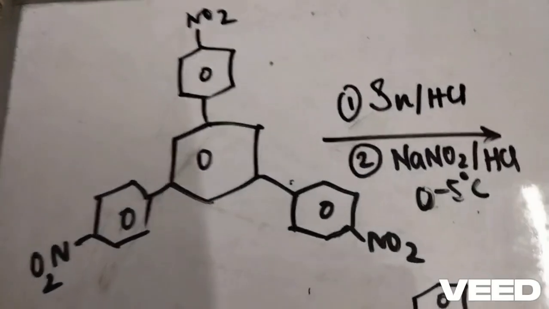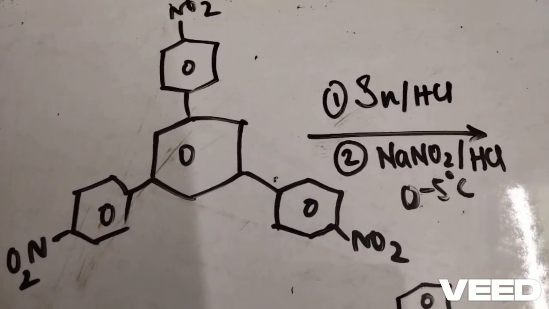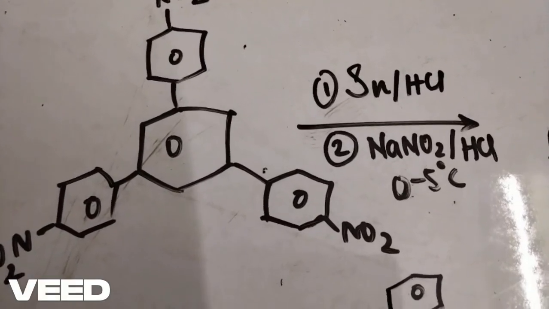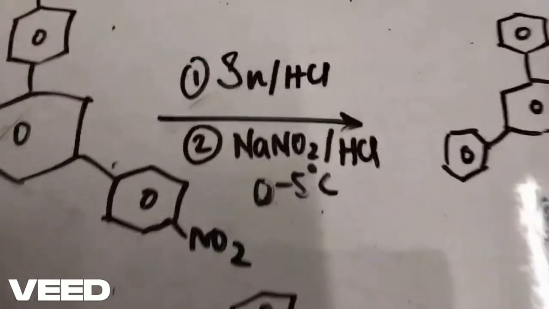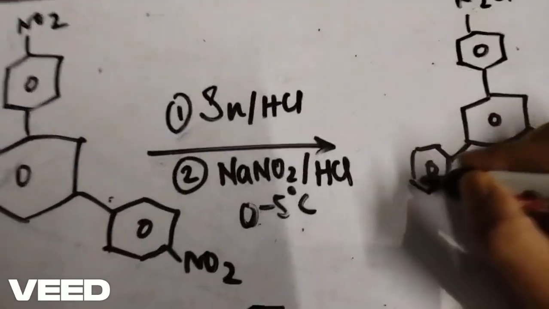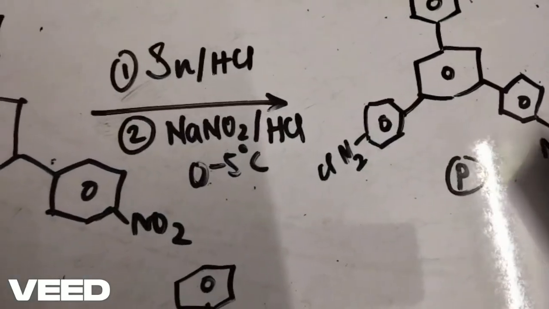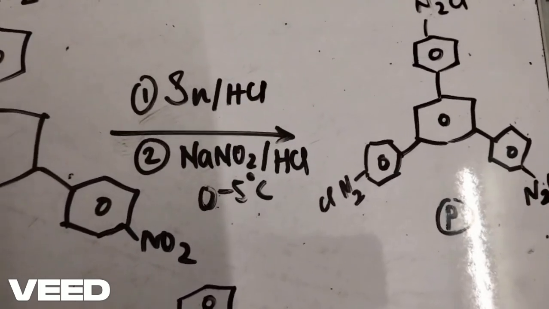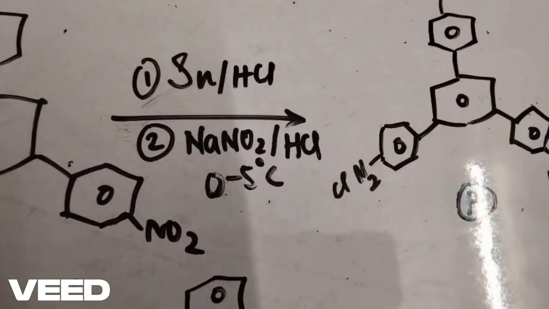So the first reaction, as we all know, is a standard reaction where the NO2 groups will be reduced to NH2, and on further reaction with NaNO2/HCl we shall get the corresponding diazonium salts. So to draw the compound, we'll have something like this, and therefore this is the structure of P. We shall keep this as a reference because this is further used in the question later as well.